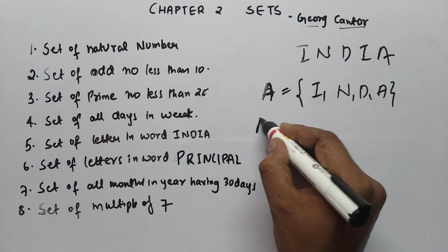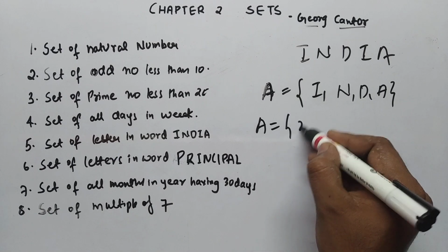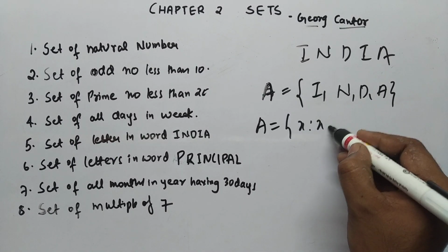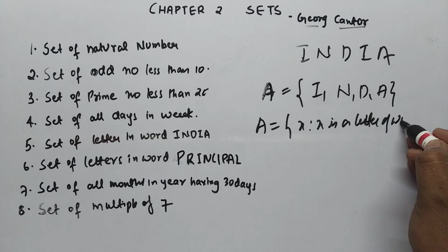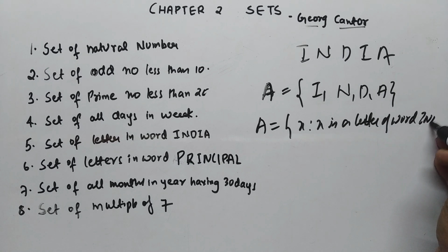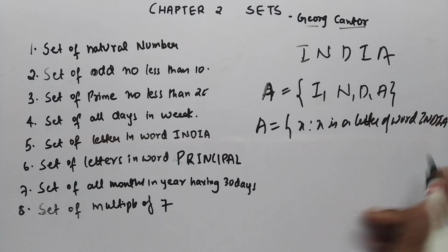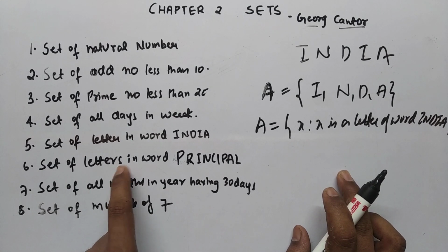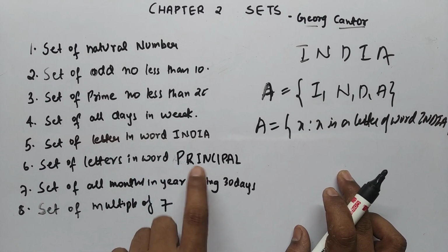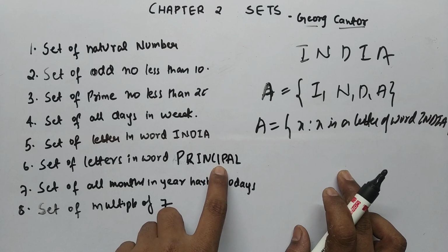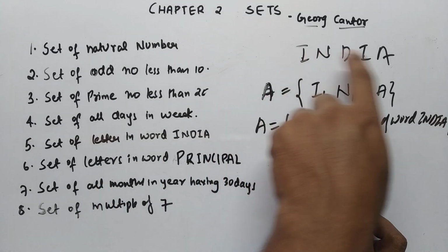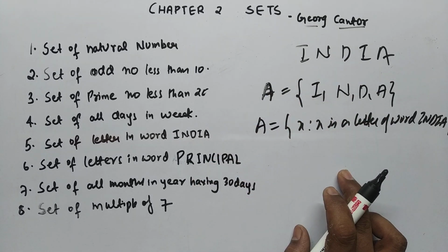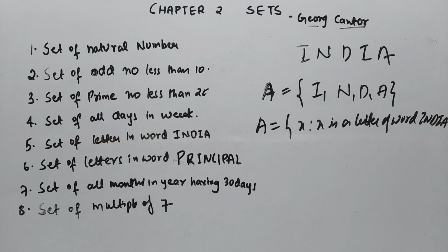In set builder form, you can say x such that x is a letter of the word India. Similarly, you can solve the next one, the set of letters in principal. Here also I is repeated, so you write it once. In set builder form, x such that x is a letter of the word principal.